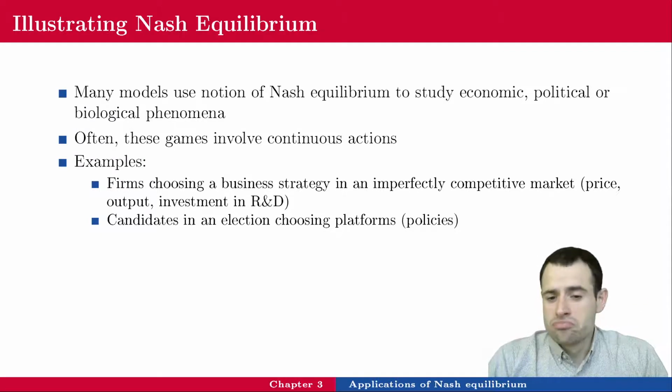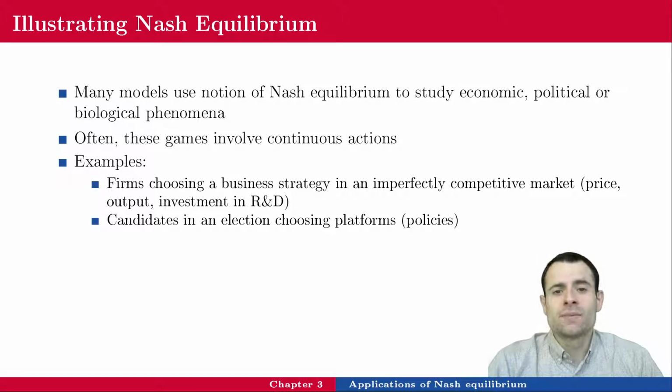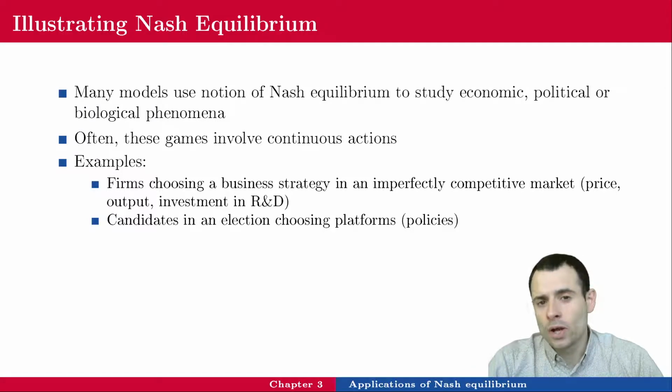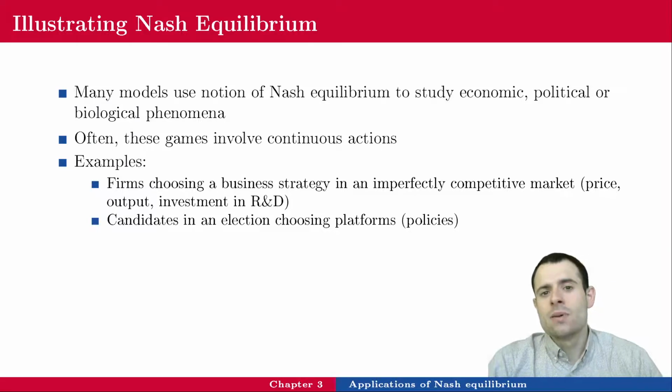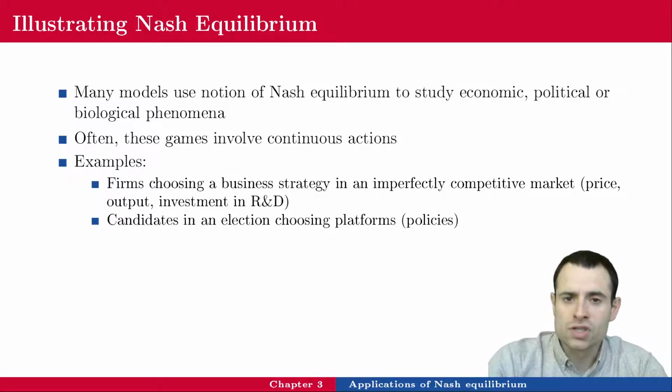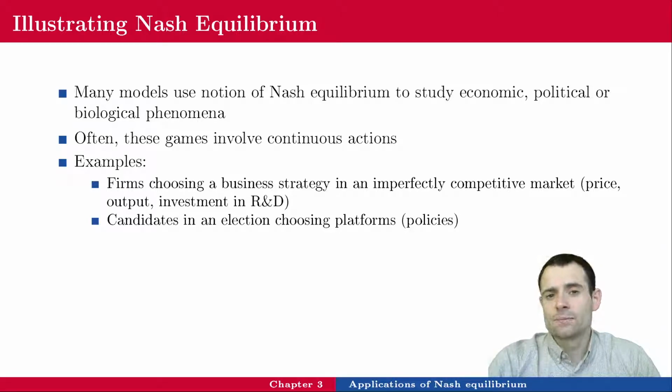candidates to some elections of some sort might decide to position themselves more or less to the right, maybe on the center. Think about, for instance, left-wing versus right-wing candidates. Even among the right-wing candidates, we find some extreme right-wing candidates, some moderate right-wing, and maybe some more towards the center right-wing candidates.